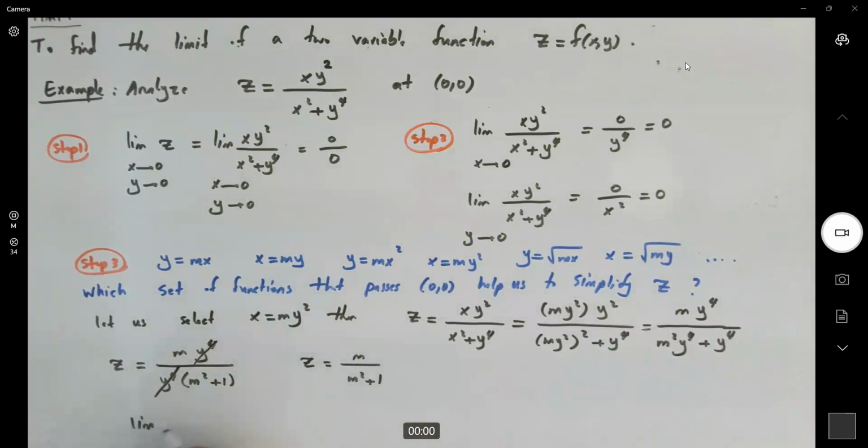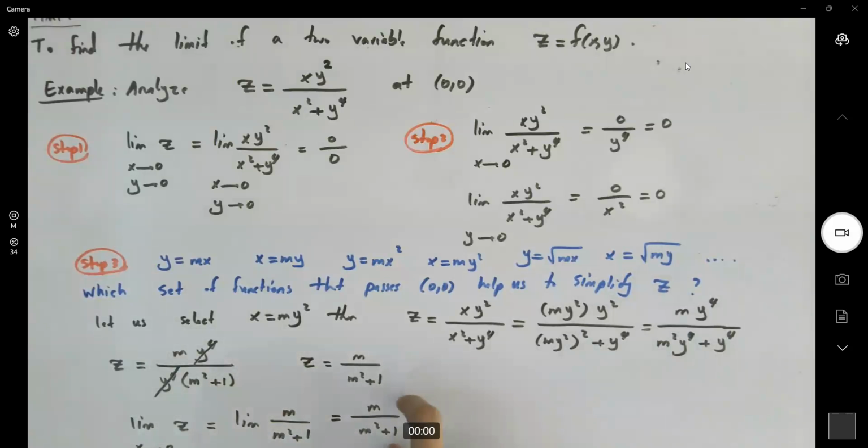So the limit of my z as x goes to 0, y goes to 0, after simplification becomes the limit of m over m squared plus 1. Guys, remember that we got rid of x. The function has only y in it. So y goes to 0. This is m over m squared plus 1.